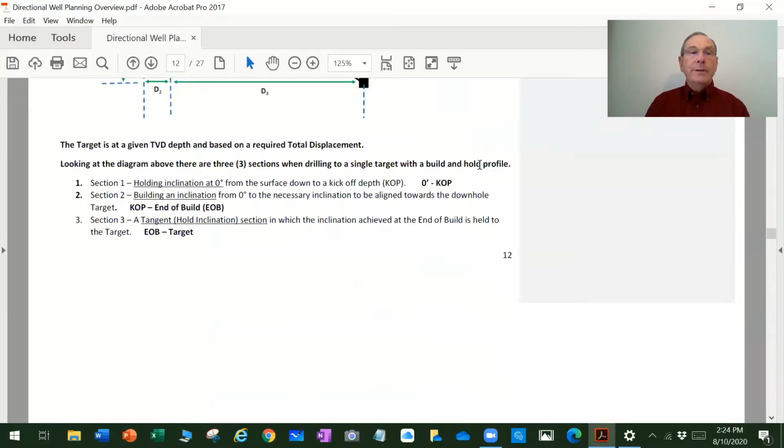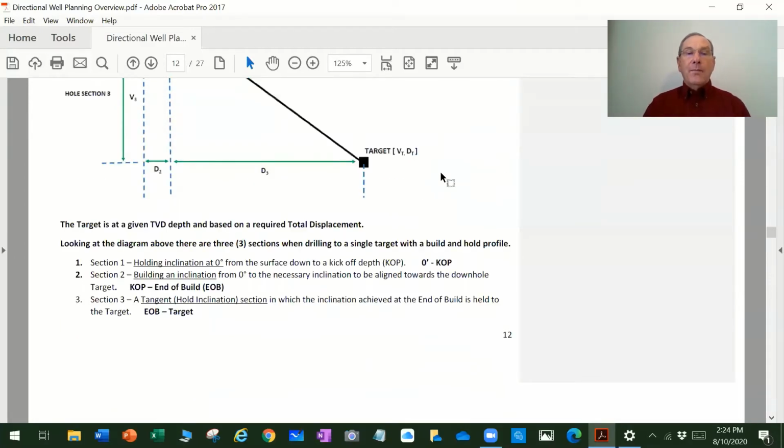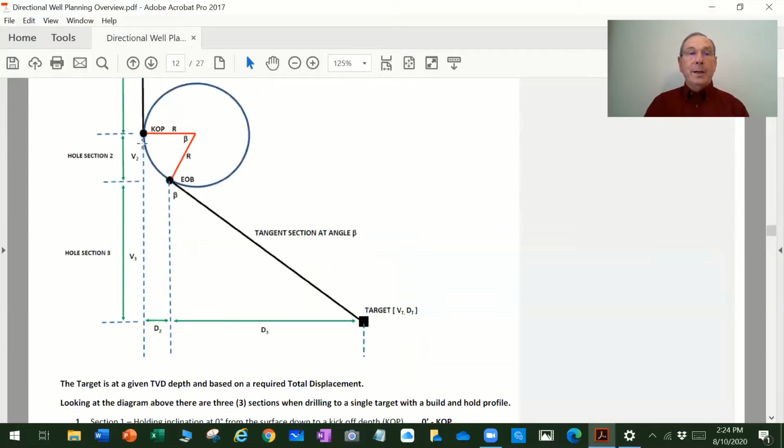So these 3 sections again are: from 0 to the kickoff point, that's section 1, where we're holding inclination at 0 degrees. Section 2 is while we're building inclination from 0 degrees to the necessary inclination for our downhole target, so that goes from the kickoff point to the end of build.